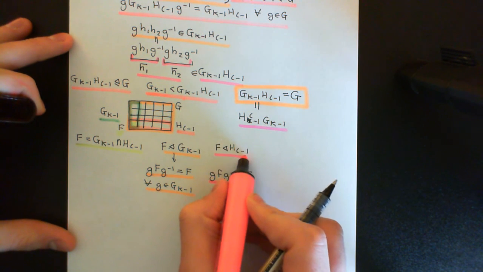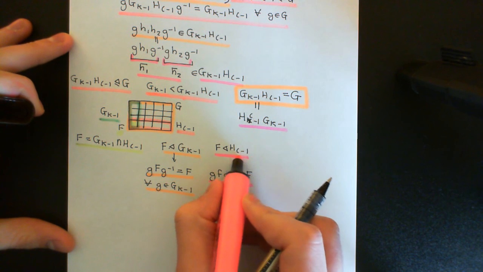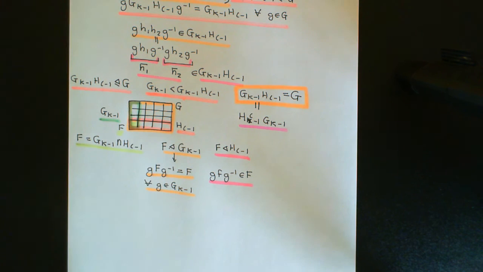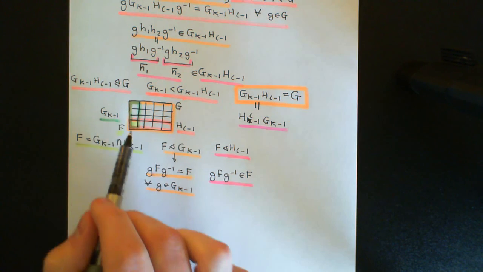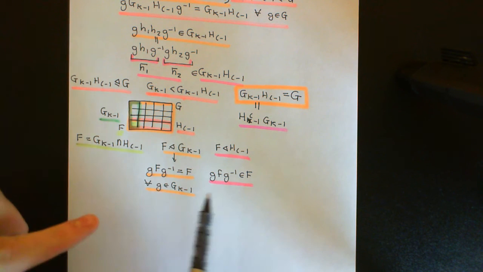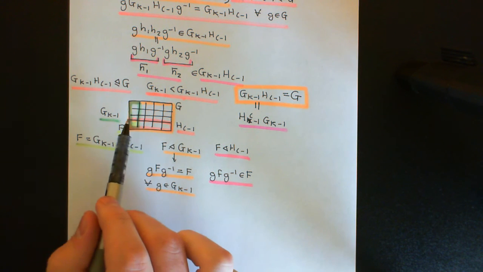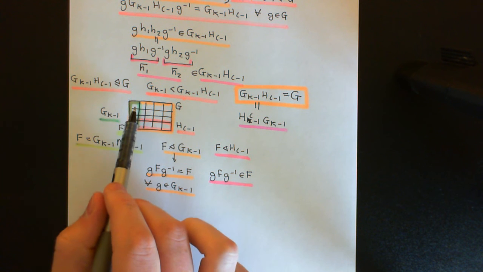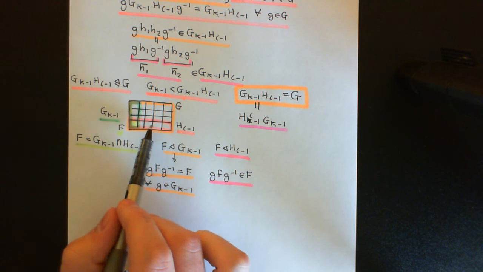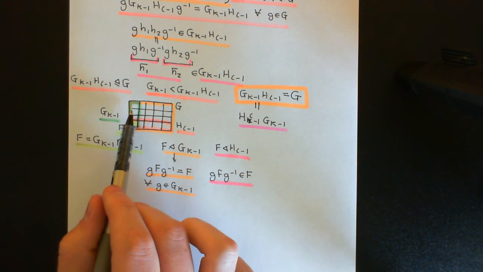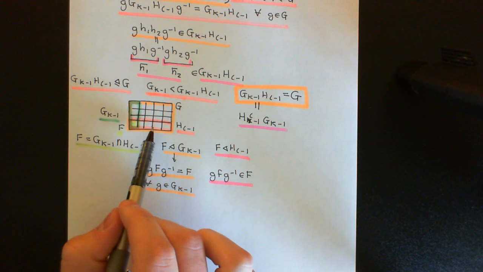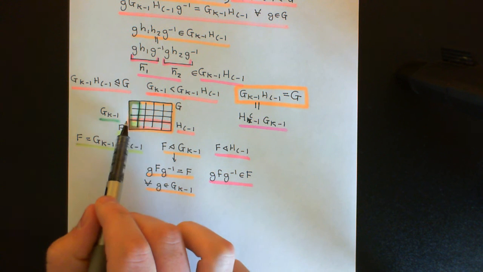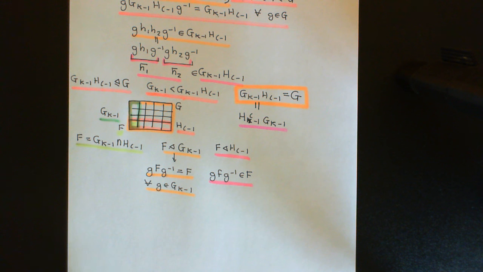And the exact same argument works for why F is a normal subgroup of HL minus 1. Okay, you just have to change everything around. So instead of using the fact that HL minus 1 is a normal subgroup, you'll have to use the fact that GK minus 1 is a normal subgroup, and therefore when I conjugate F by anything in HL minus 1, I must get something that's back in GK minus 1, but because HL minus 1 is a subgroup, I must also get something that's in HL minus 1, therefore it must be in the intersection of the two.